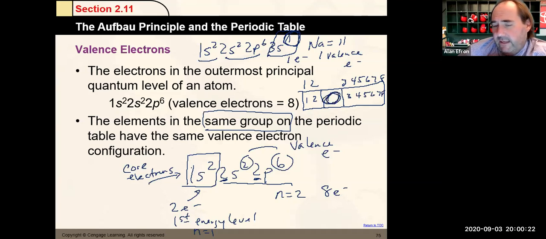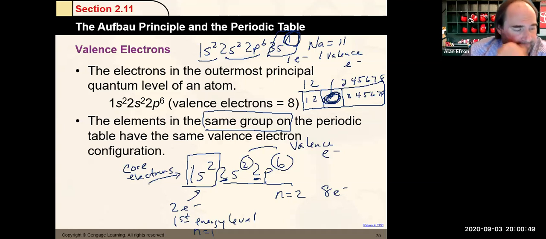Transition metals, which are right here, are a little bit different. We're going to talk about those in just a second in terms of their valence electrons. But for our representative elements, group 1 through 8, the group number equals the number of valence electrons. So here, sodium is group number 1. It has 1 valence electron. If you look at magnesium, which we just wrote the electron configuration for, group number 2 has 2 valence electrons.